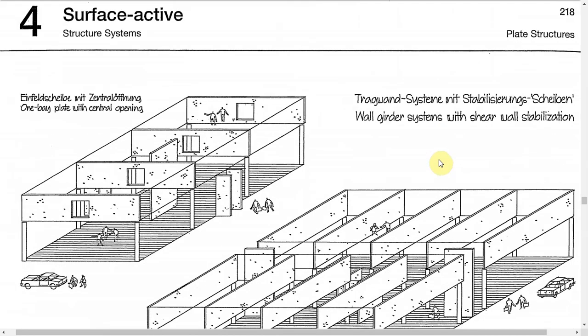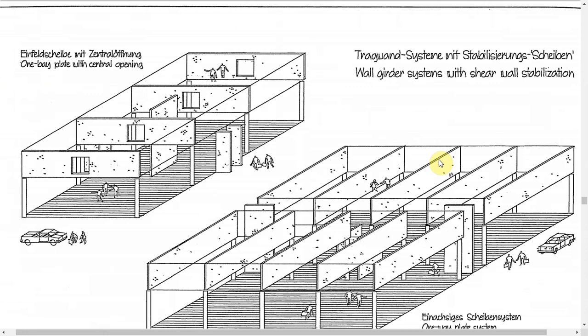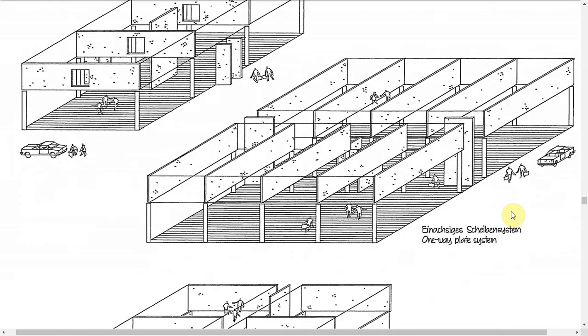And now these figures show the wall girder systems with shear plate stabilizations. So here two different types of surface active members, plates, are used. One acts as the girders which support the slab, and the other ones are the shear walls, which act as shear walls.